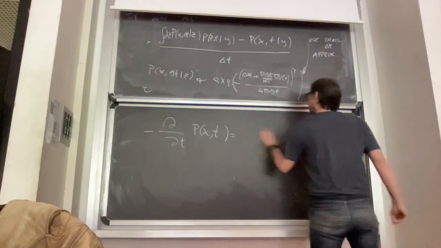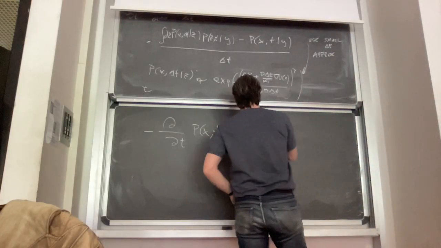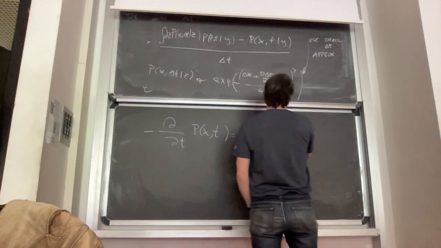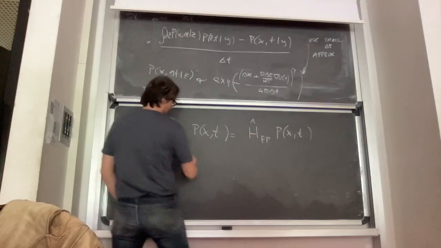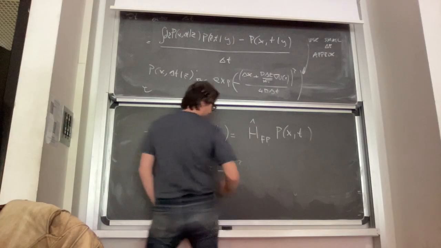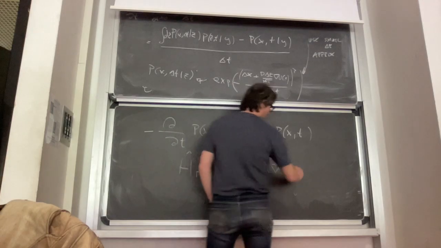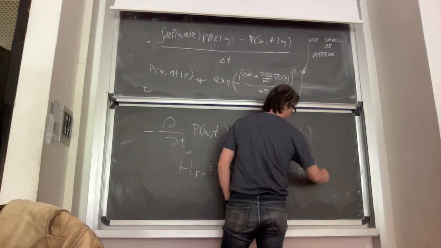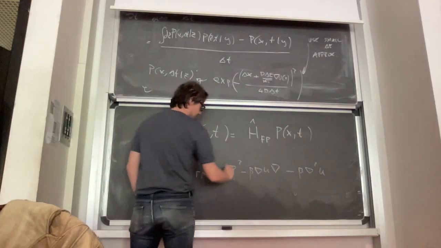So I'm putting a negative sign everywhere. I write a Fokker-Planck operator, P of x, t, and H is negative D Laplacian, negative D beta grad u grad, negative D beta Laplacian of u. D, sorry, D everywhere.